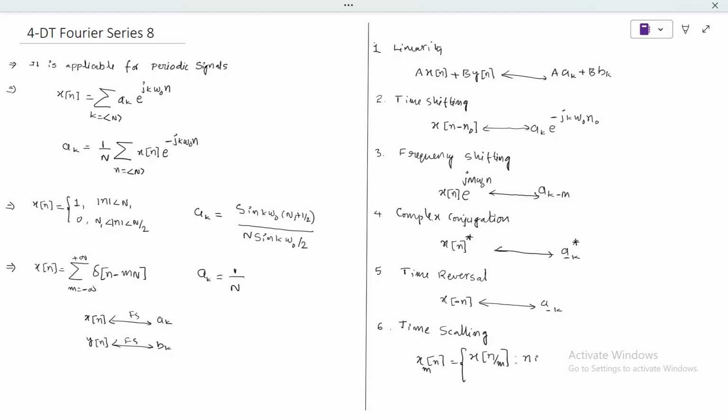The condition must be that n is a multiple of m. If n is not a multiple of m, it is not discrete, so we take that value equal to 0.